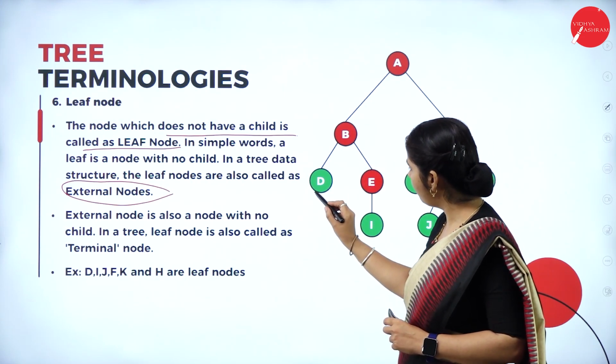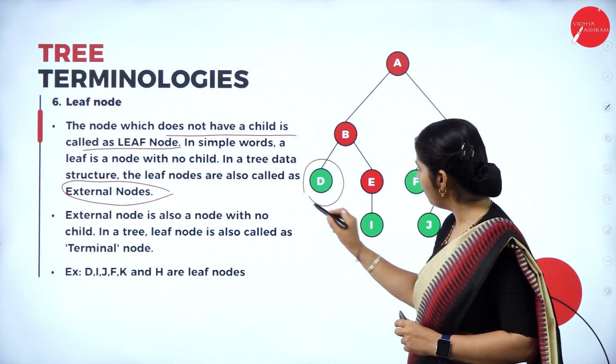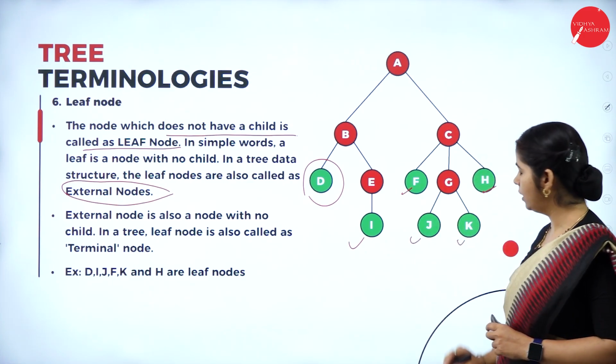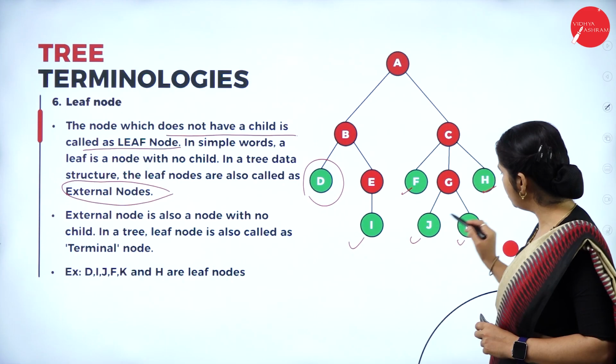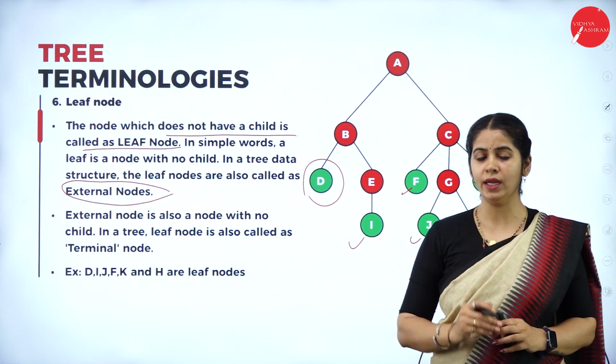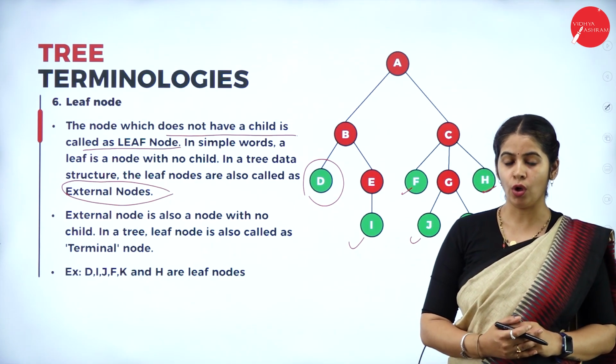Here we don't have children for node D, node I, F, G, H and K. So all these nodes which don't have children are called leaf nodes.